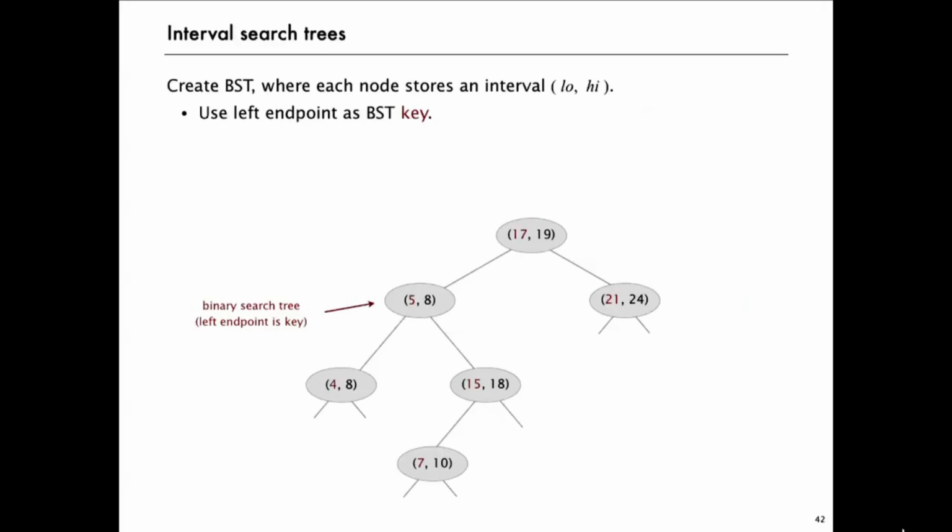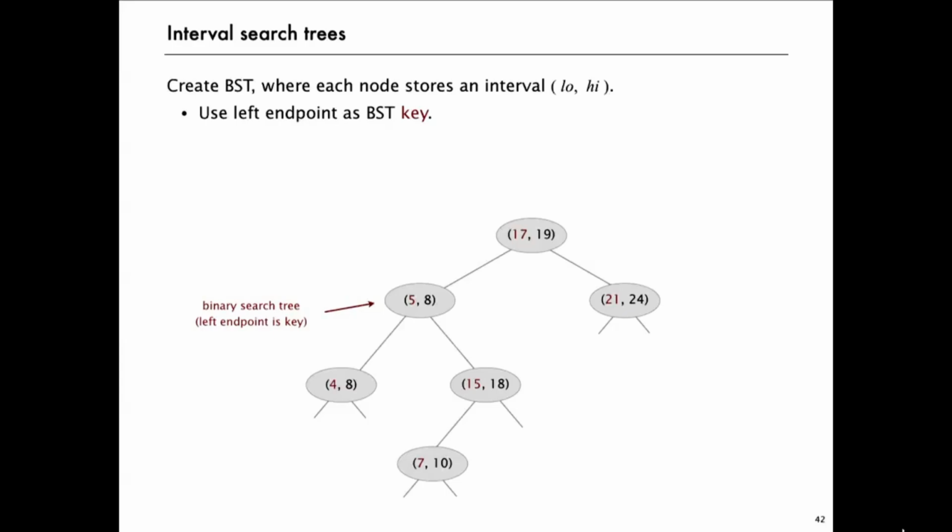Now we'll look at a data structure called an interval search tree that helps to solve this problem. It's an extremely simple algorithm, but surprisingly complicated to understand, so we'll go slowly. The first thing is, we're going to use the left endpoint of each interval as the binary search tree key. So our nodes store intervals, but we only use the left endpoint as the key.